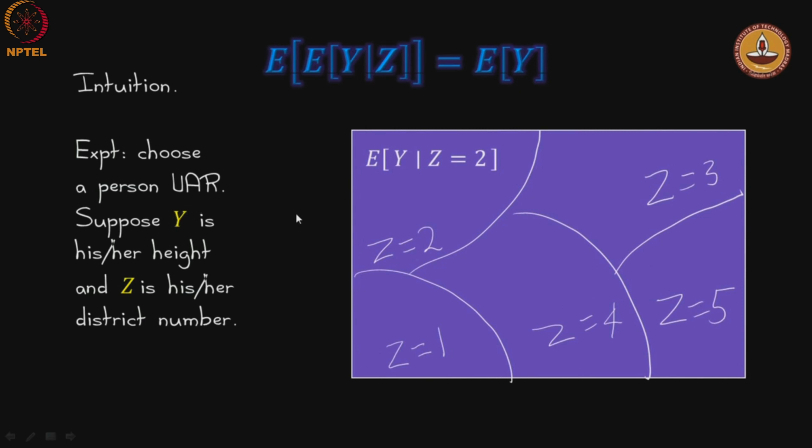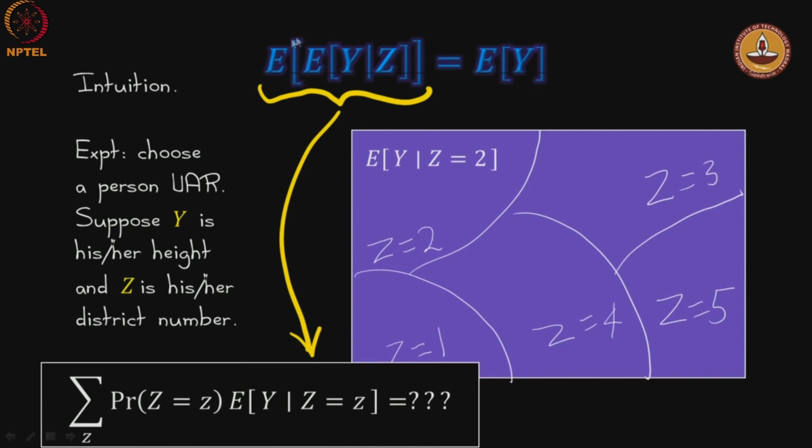For each person that you choose, Y corresponds to the height of that person and Z corresponds to the district number. So, you have various districts, let us say, in this region. Now, expectation of Y given Z equal to 2 is basically restrict yourself to the second district, and you ask what is the expected height of the people in the second district.